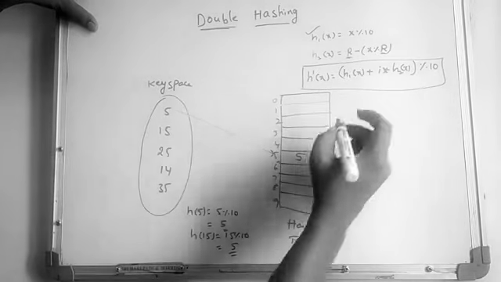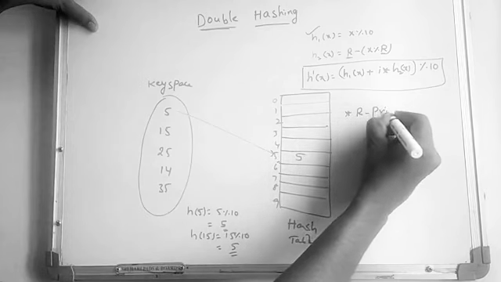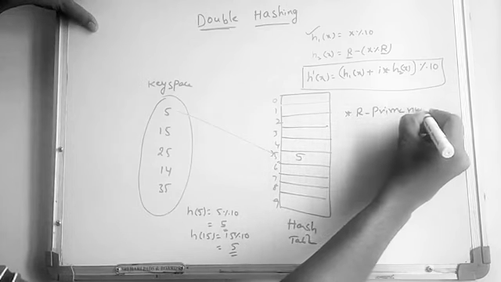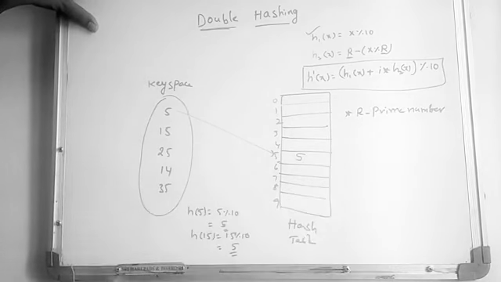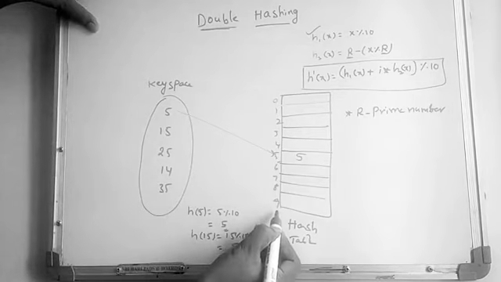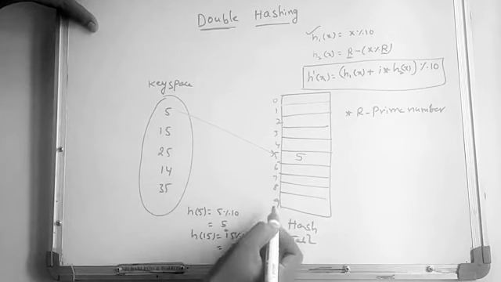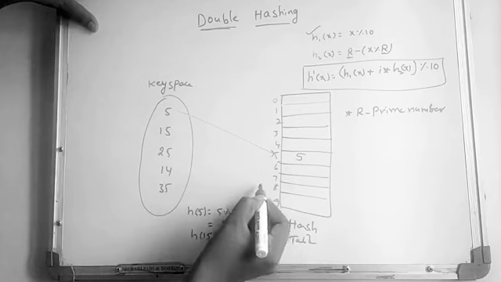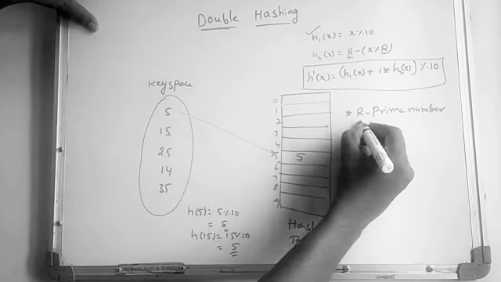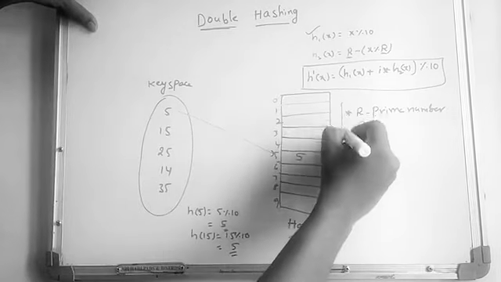Very important point: r is a prime number. Which prime number do we replace r with? From the bottom of the hash table, 9 is not prime, so the next prime number is 7. So r equals 7. This is the important point you have to remember.